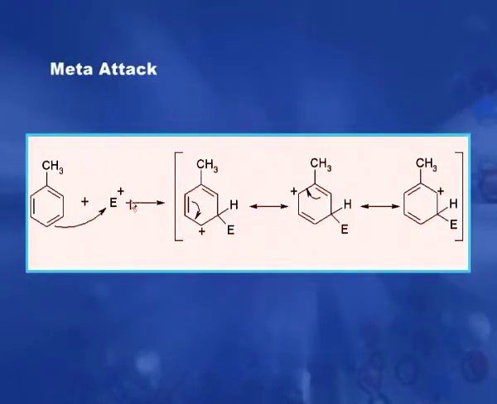Now, if we see the meta attack, electrophile attack on meta position and we get the intermediate, and this is stabilized via these resonating structures, and in these resonating structures no structure is extra stable. So, that is why the extra stability contribution towards resonance is not there.